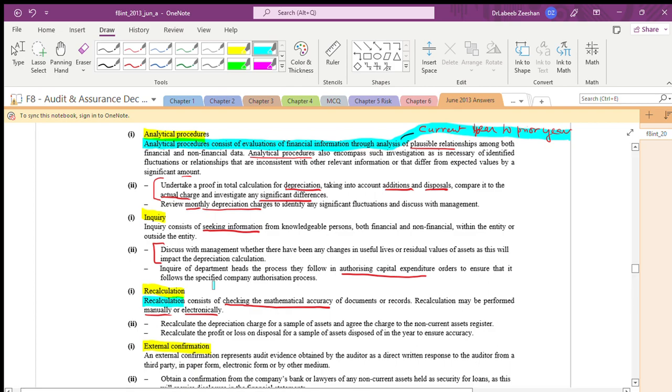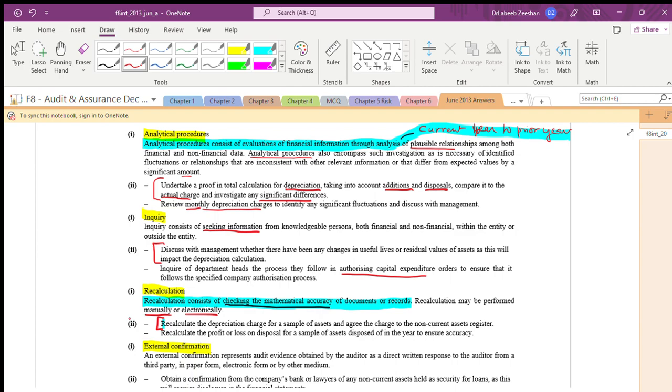The most important thing is that recalculation consists of checking the mathematical accuracy of documents or records. Recalculate the depreciation charge for a sample of assets and agree to the non-current asset register.